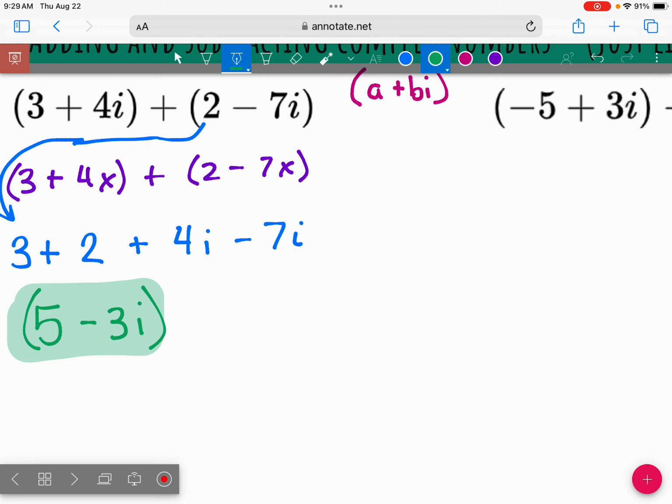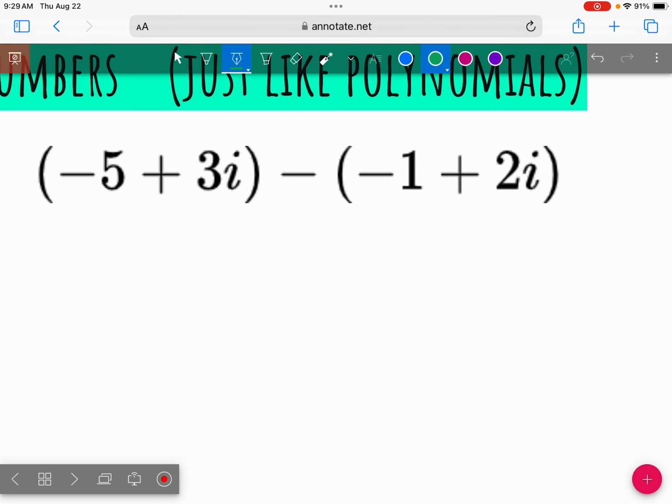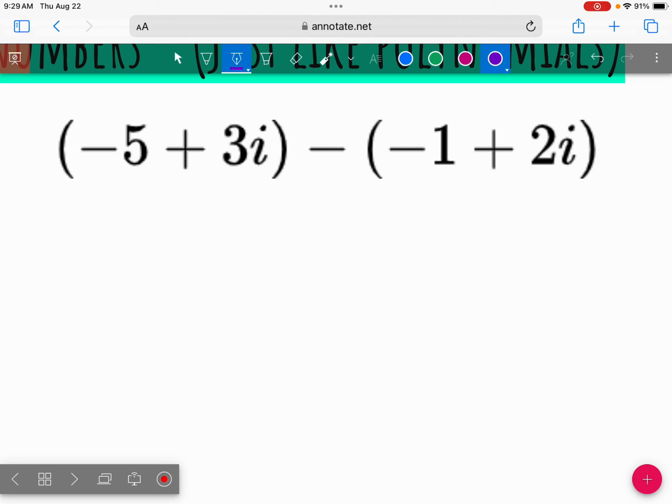Let's do some subtracting. Right-hand one is almost the exact same thing, except we're subtracting these two complex numbers. So what are we going to do? What do I need to do different on the right-hand one?